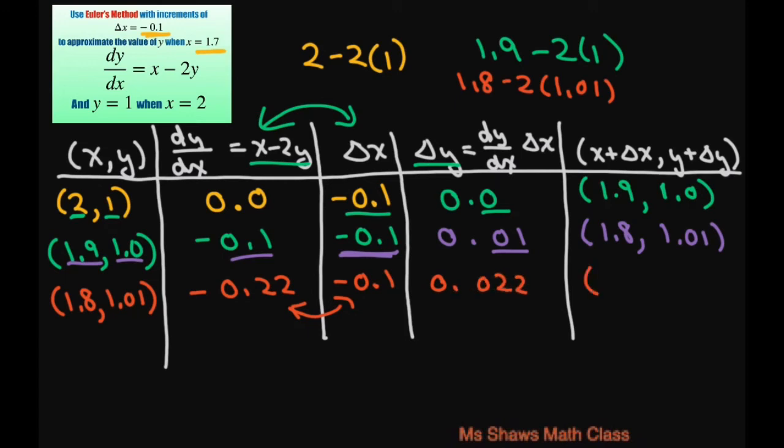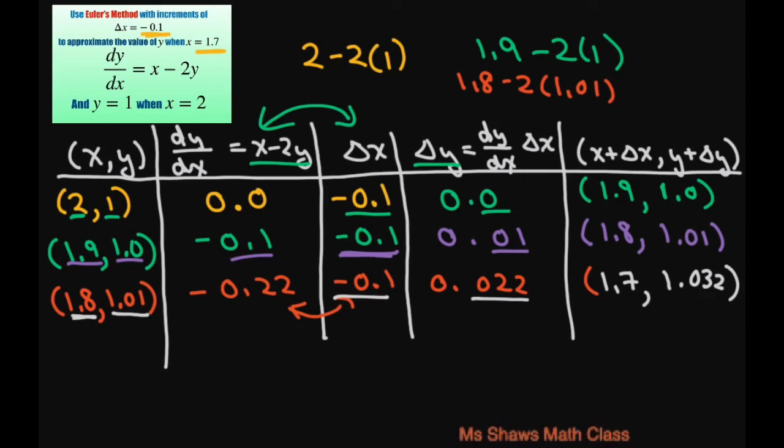And then all we have to do is add these up. So let's see, we're going to get 1.8 minus 0.1 is 1.7. And then when you take 1.01 plus 0.022, that's going to give you 1.032.